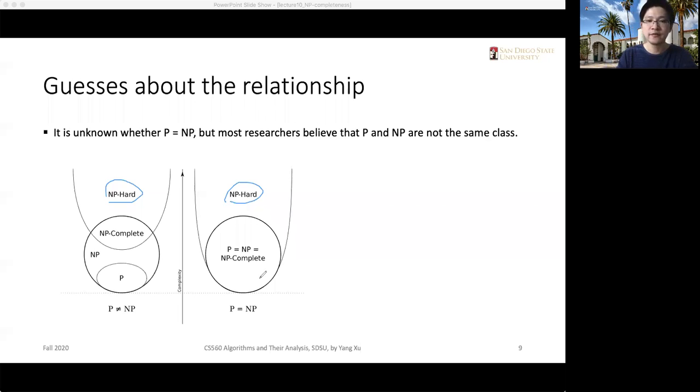And for the second guess, if P equals NP, then all NP-complete problems have a polynomial time solution, and P and NP totally overlap. But most people believe that the relationship on the left is more likely to exist.